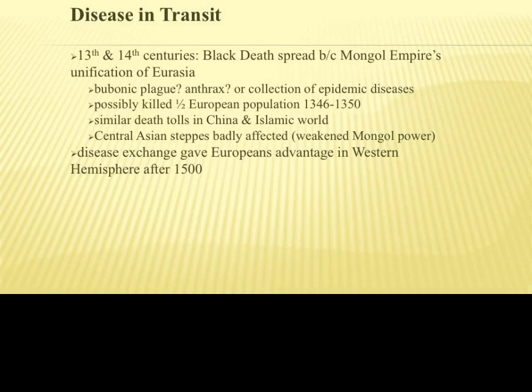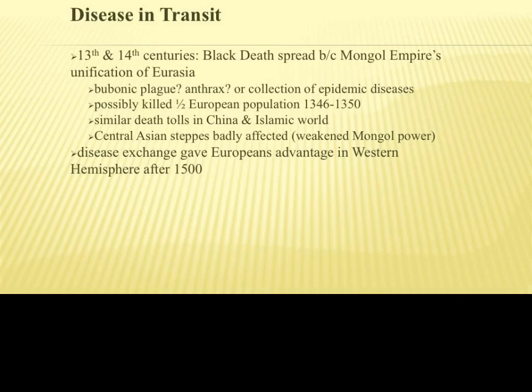And the Central Asian steppes were affected, which really weakened Mongol power. It could have been bubonic plague or anthrax or even a collection of epidemic diseases. Most attribute it to, what's it called?